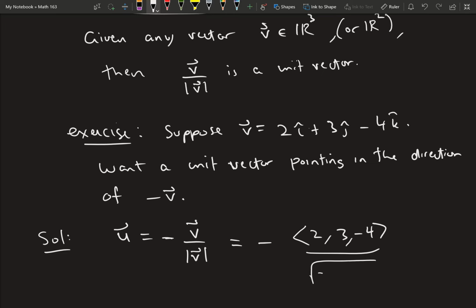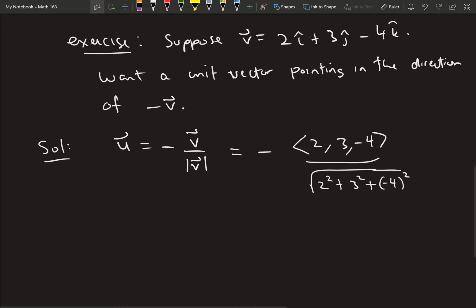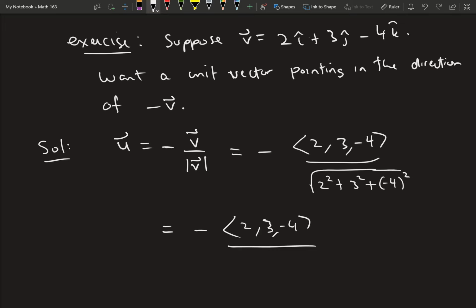Well, it's the square root of 2 squared plus 3 squared plus negative 4 squared, which is negative 2, 3, negative 4 divided by, so we have 4 plus 9, 13, 13 and 16 is 29.